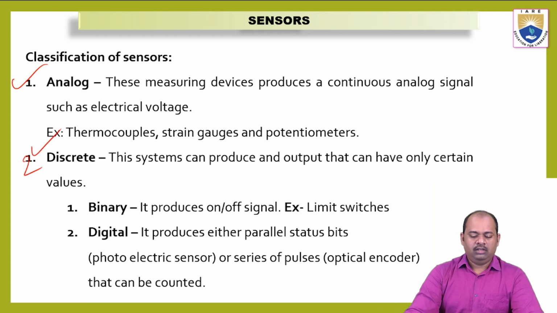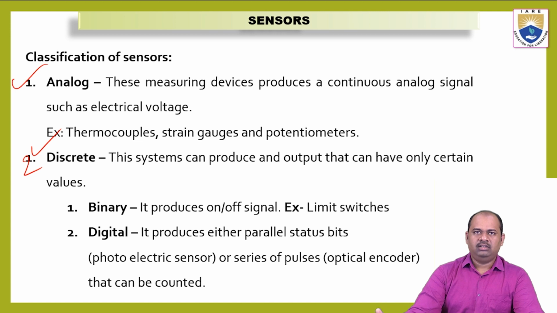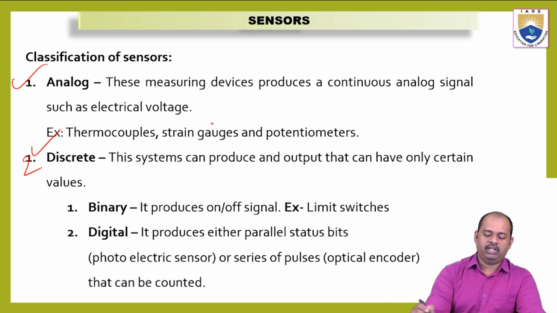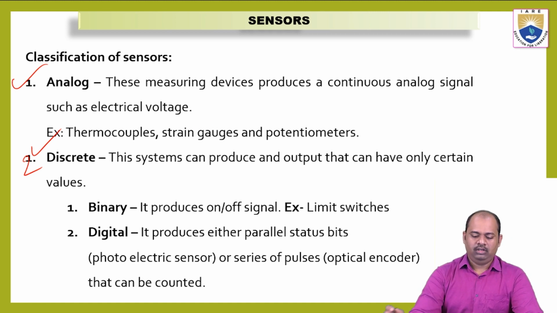See here, if the measuring device produces a continuous analog signal such as electrical voltage, then the sensor can be called an analog sensor. It produces an analog output. The best examples for this are thermocouples, strain gauges and potentiometers. Now see here, a thermocouple is generally used for measuring the temperature difference. And the strain gauge is very important from the point of view of aeronautical or mechanical engineering.